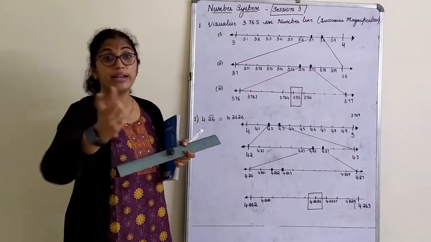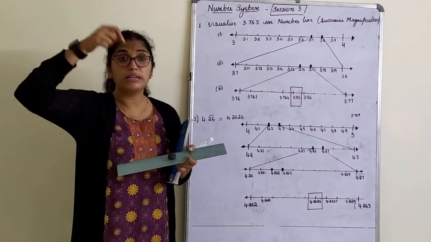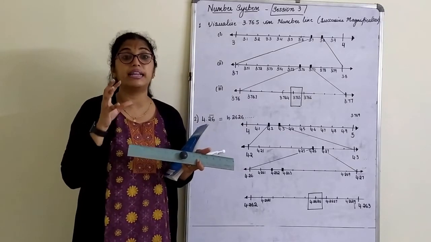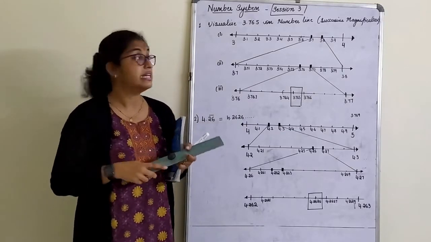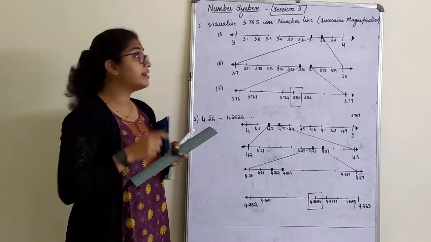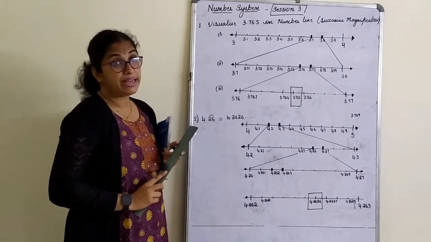So between 1 and 2, if I see 0.1, 0.2, 0.3, I have so many subdivisions in them. That is called magnifying: I'm magnifying that part and highlighting it. Similarly, how do we exactly plot a decimal number on a number line by successive magnification?